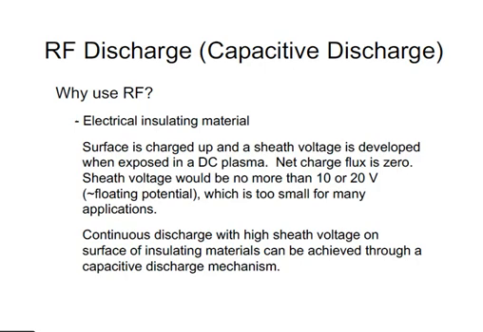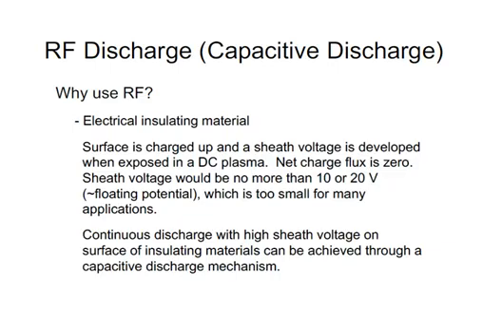Depending on your application, sometimes you might want to process a piece of metal. Metal is a conductor. Sometimes you might like to process a piece of glass. Glass is an insulator.